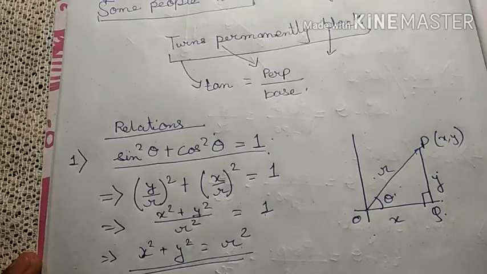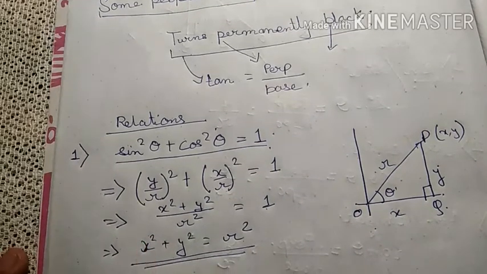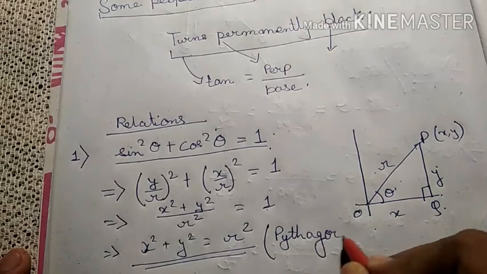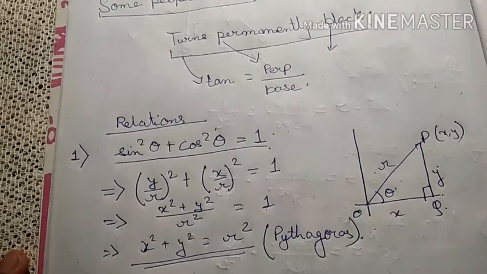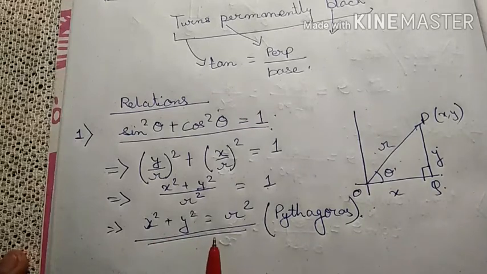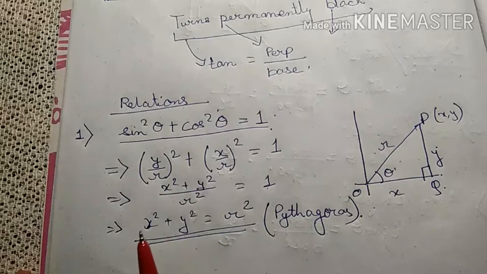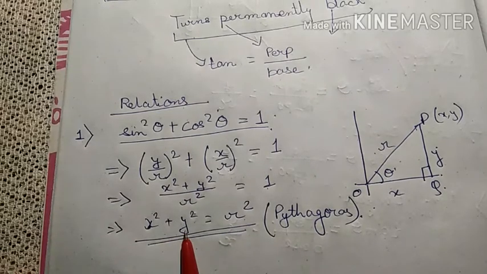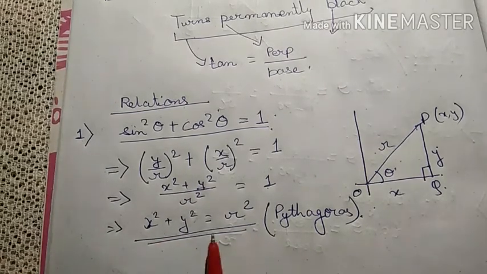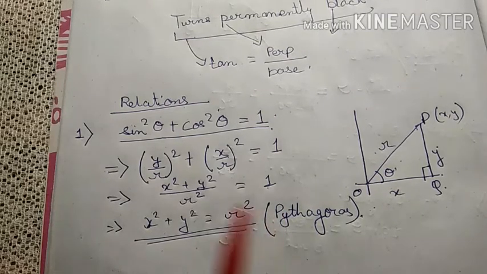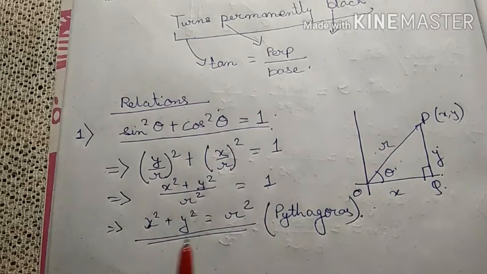That is a property of a triangle. From Pythagoras theorem we can say that x square plus y square equals r square, that is, hypotenuse square is equal to perpendicular square plus base square, which is our preliminary statement. So Pythagoras theorem is a property of a triangle, and from there we can verify this very easily.